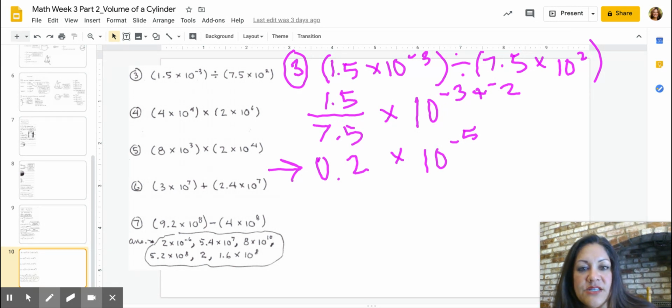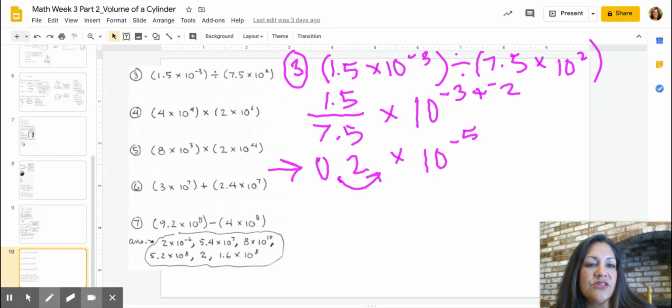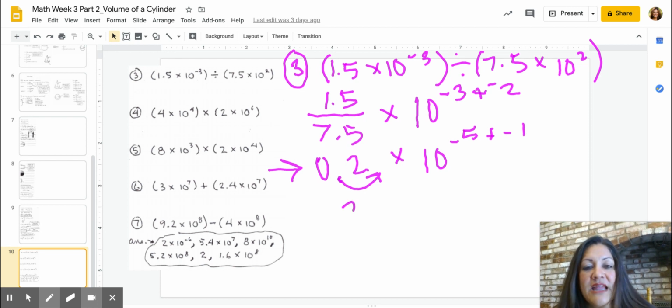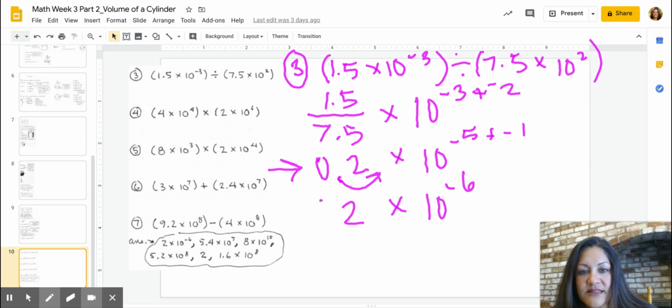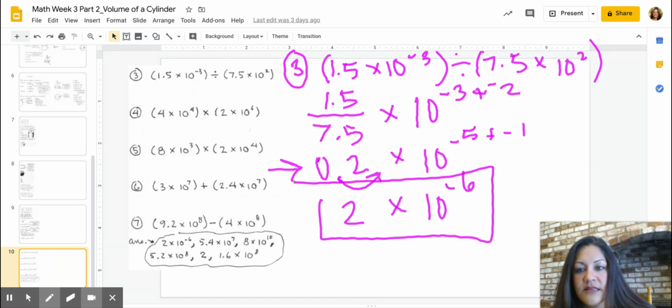So we need to move this decimal over one place. And in doing that, we're going to add another negative 1, because we moved it to the right. So now we have 2 times 10 to the negative sixth. And there's our answer.